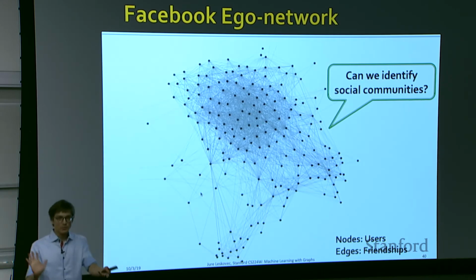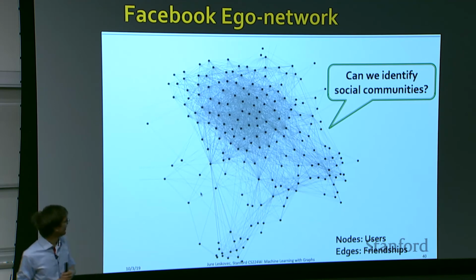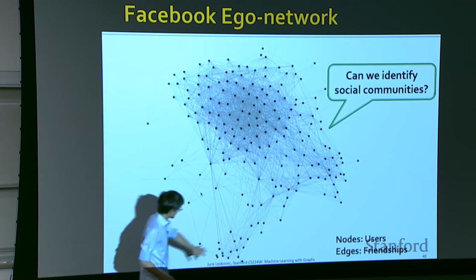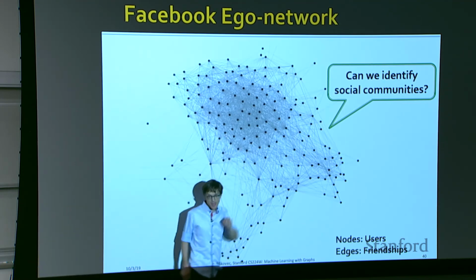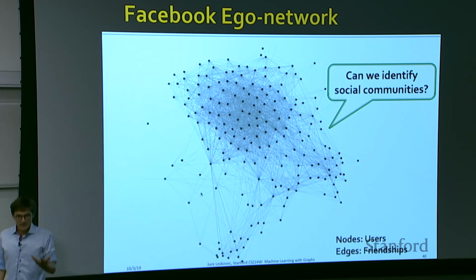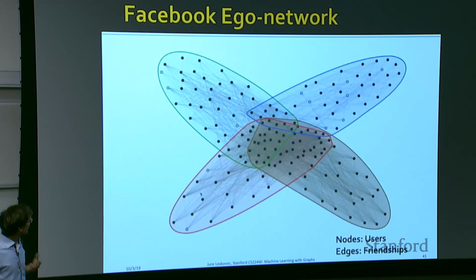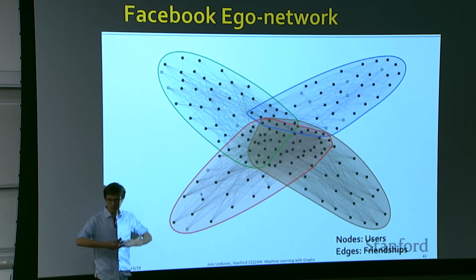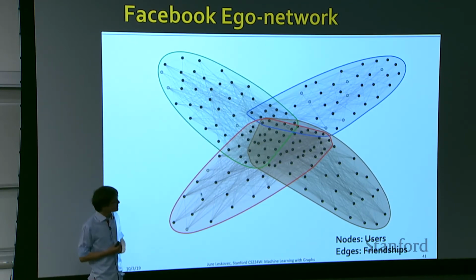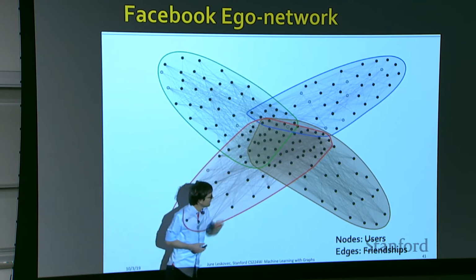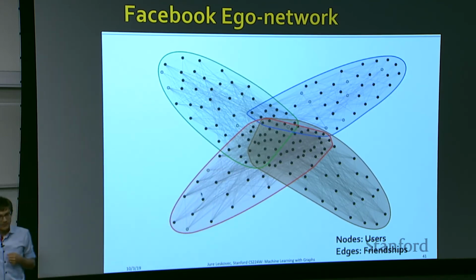What are the social circles of the student in my lab? Maybe you would say there's something here, there seems to be a big mess there, and so on. It turns out the method I will show you will identify this type of clustering structure. It will say there are 4 social circles or social groups of my student's friends. Here they are. And you can even go and label them.